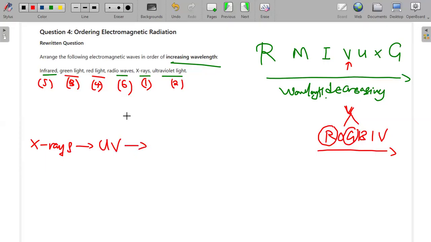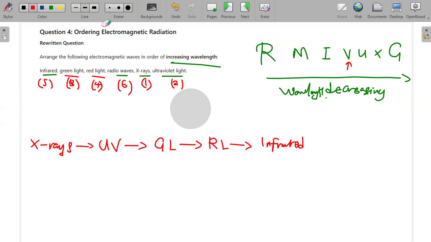Then from the ultraviolet, I go to the 3, which is green light, then the red light, then the infrared, which was number 5. And my last one would be the radio waves.